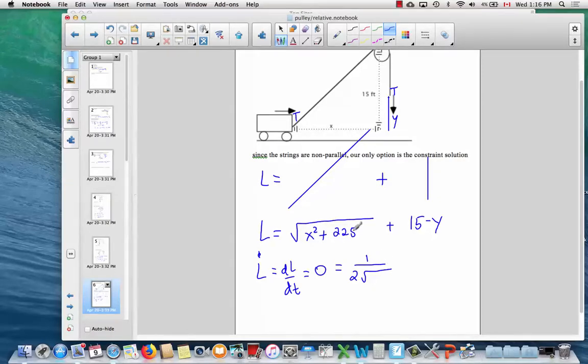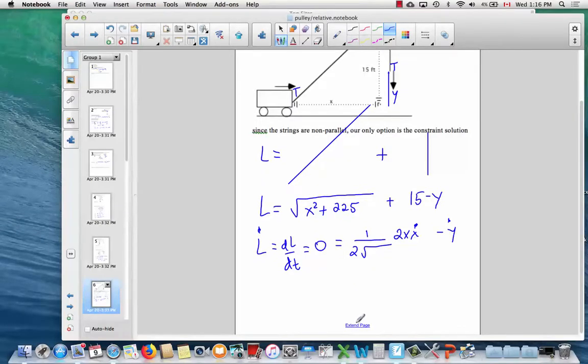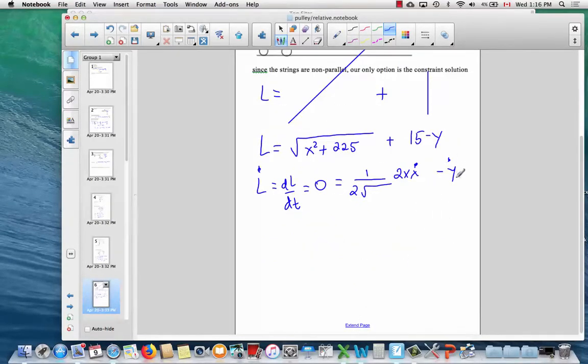But then you have to multiply by the time derivative of inside the square root. So the time derivative of this is going to be 2 times x times x dot. And then you do the time derivative of this, and it's just minus y dot. So we're not in Kansas anymore, Dorothy. This is clearly a little complicated and interesting.